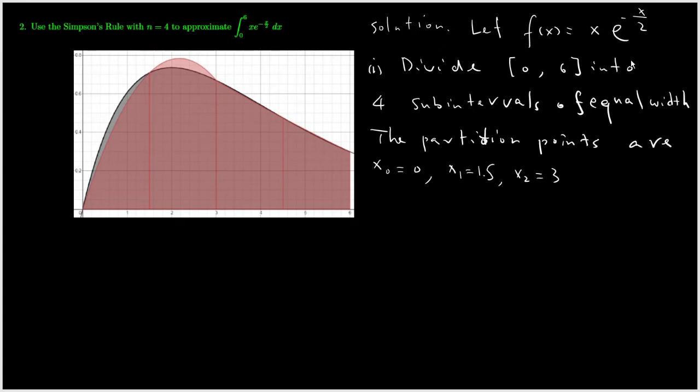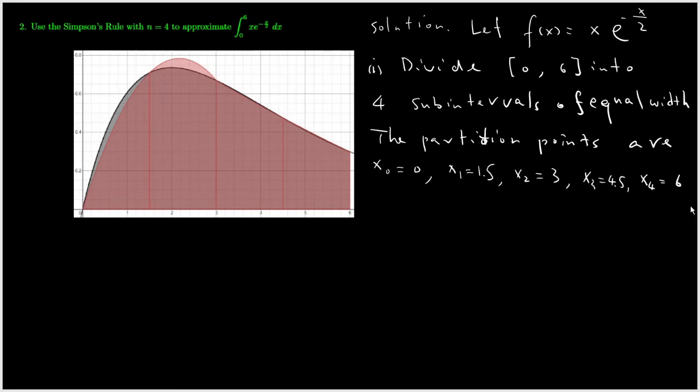Then x3 is 4.5. And x4 is equal to 6. So we have identified all the partition points. We divide the interval into 4 subintervals. There should be 5 partition points, right? 1, 2, 3, 4, 5.